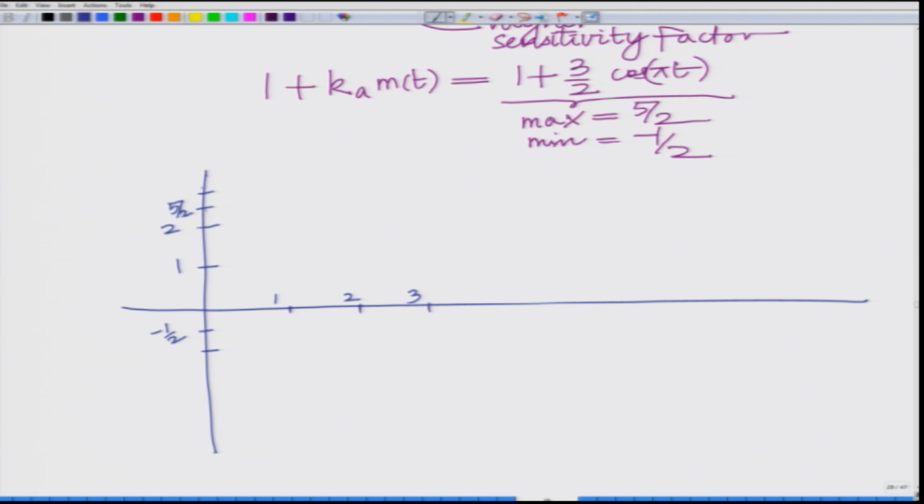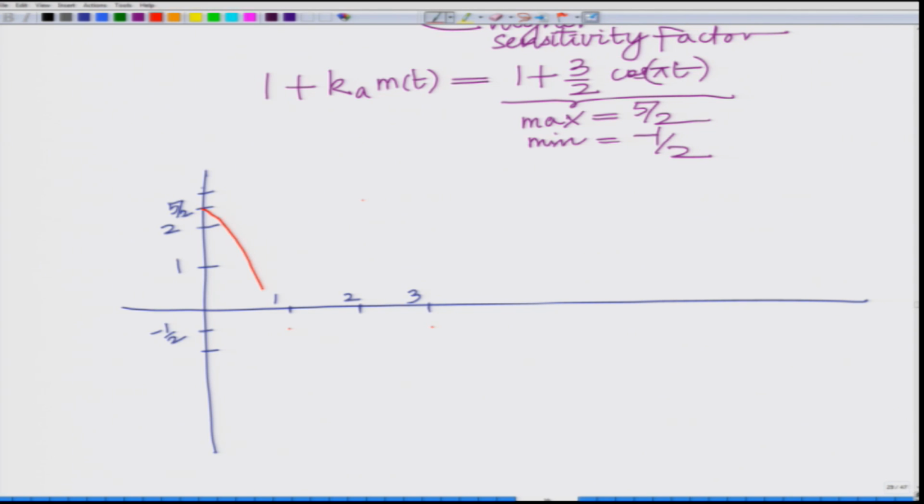At time t equal to 0, this is equal to 5/2. At time t equal to 1, this is equal to minus half, correct. At t equal to 1 this is cosine pi. So, 1 minus 3 by 2 is minus half. At time t equal to 2 again this will be 5 by 2, and at time t equal to 3 this will be minus half.